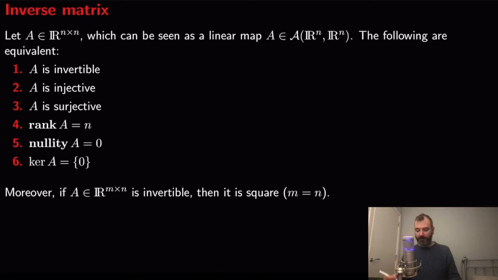For the inverse matrix now, I could have stated this for linear maps, but it's easier to state it for matrices. The following statements are equivalent. Again, I'm focusing on square matrices. The first one is that A is invertible.